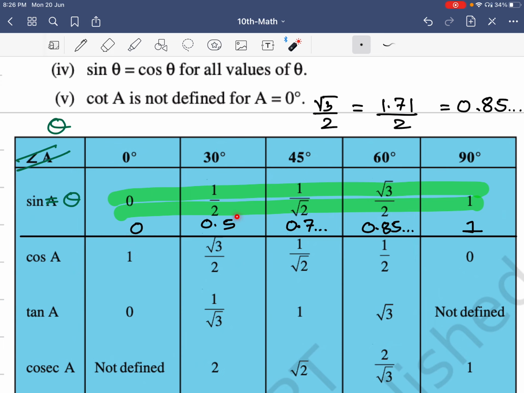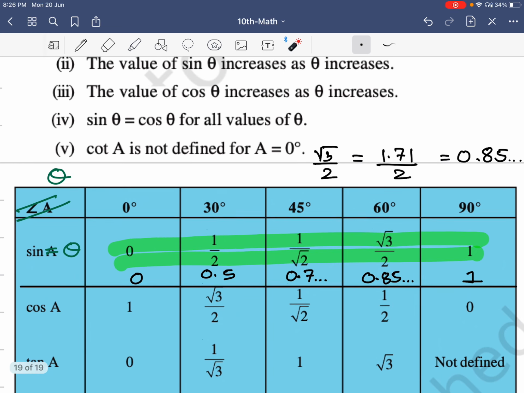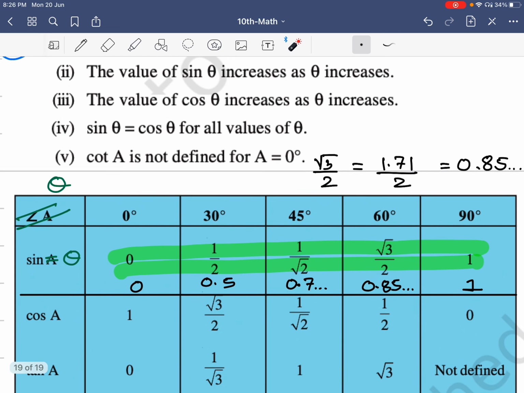From 0 it goes to 0.5, then 0.7, 0.8, and finally it goes to 1. So the statement, this is statement number 2, that the value of sine theta increases as theta increases is true. So I'm going to mark this as T, true.